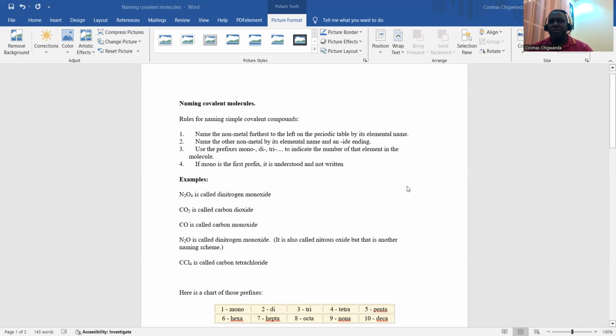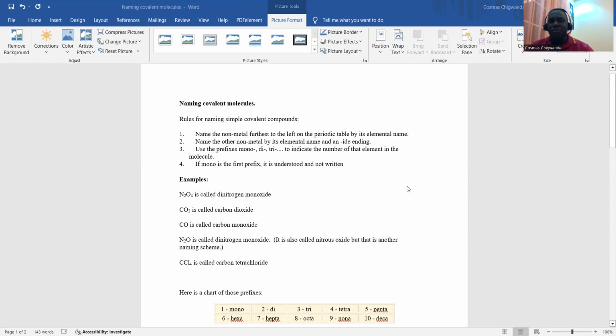So that element which is furthest to the left, we don't change its name, but the element that comes after, we're going to change its name. Suppose I have oxygen and nitrogen. Nitrogen is furthest to the left, so nitrogen will not change its name. But what comes after, if it's nitrogen and oxygen, oxygen is going to change its name. Instead of oxygen, it's going to be oxide.